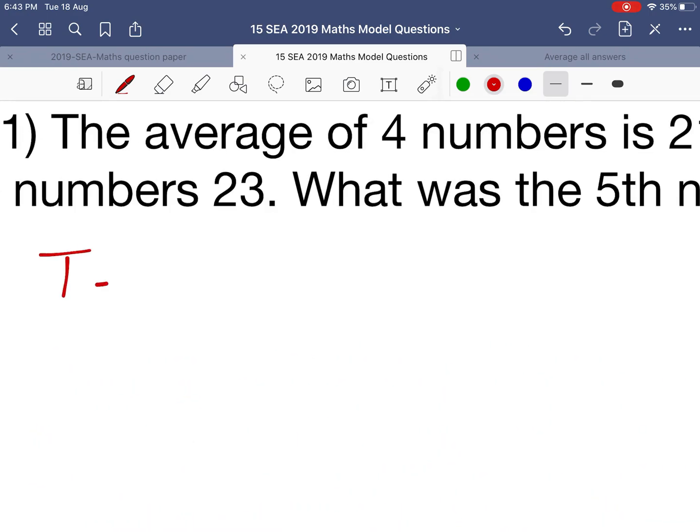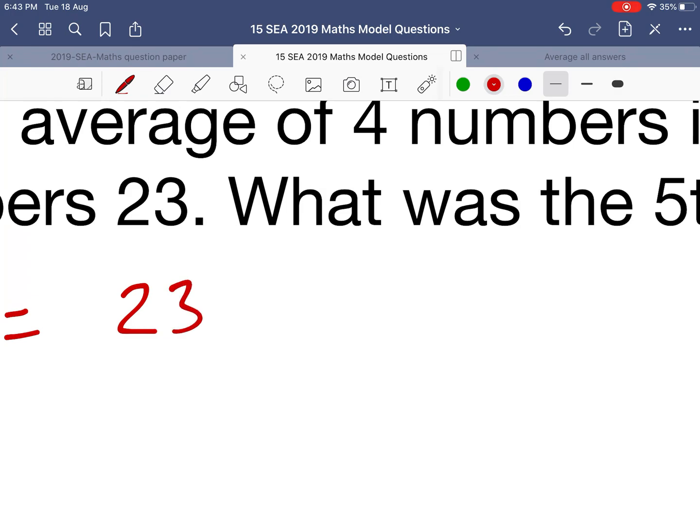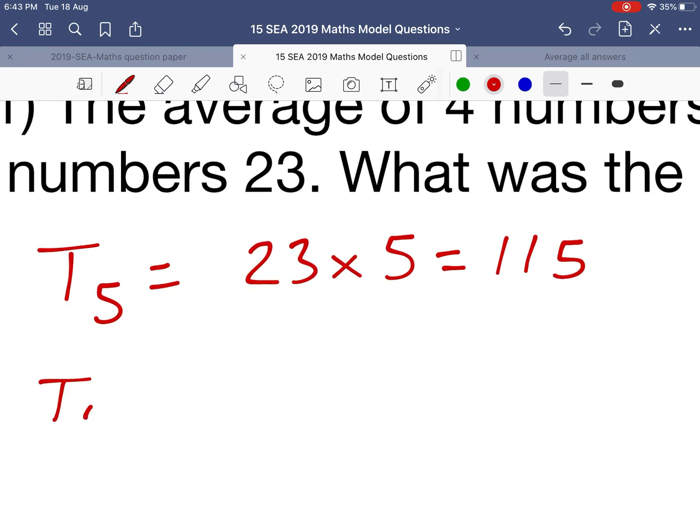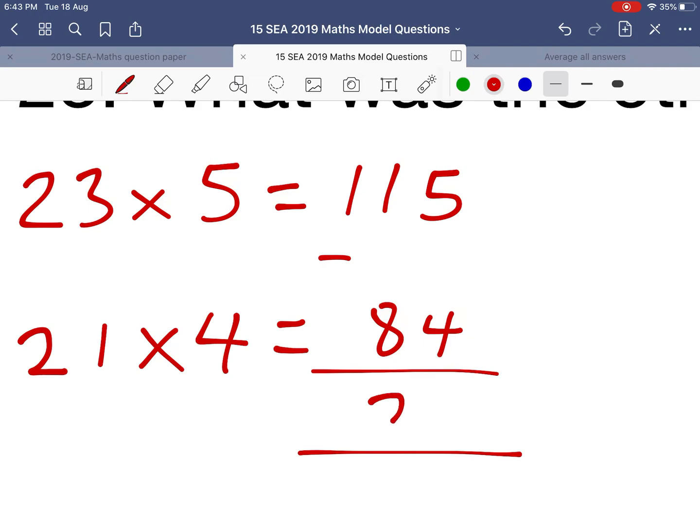The total of the 5 numbers will be the average of the 5 numbers multiplied by the amount of numbers, 5, and we will get 115. The total of the 4 numbers is the average of the 4 numbers multiplied by the amount of numbers, which will give us 84. And when we subtract this, we will get the 5th number, which is 31.